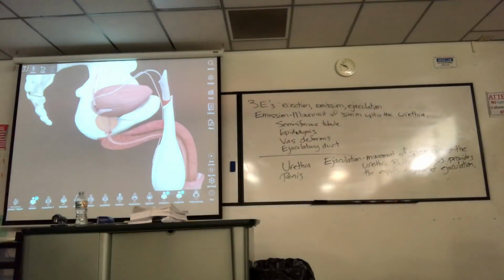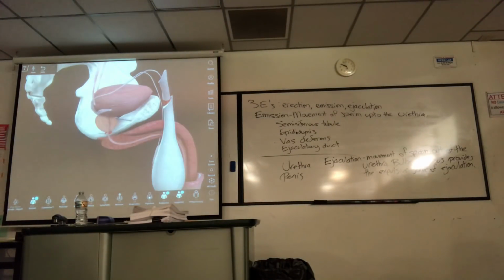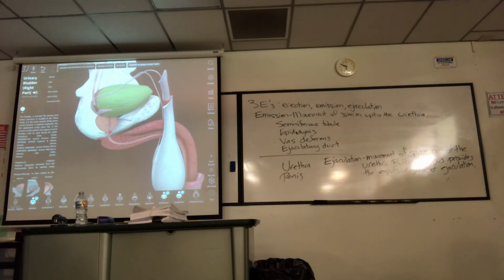Turn the lights off. So there's a lateral view. Here's the urinary bladder. During ejaculation, there's a sphincter that tightens to keep urine in the bladder so it doesn't dribble with the semen there. That's the first part of the urethra in the male. It's in the prostate. That's the prostatic urethra. Then you have to get out of the body cavity, and there's a sheet of muscle, a diaphragm of muscle you have to get through.